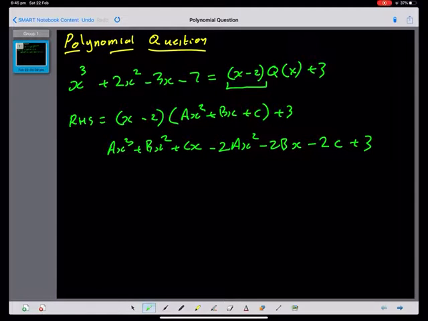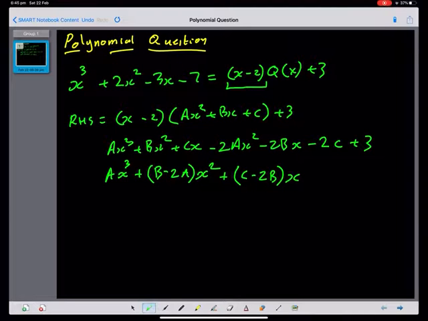Okay, so the ax cubed is on its own. The coefficient of x squared is b minus 2a. The coefficient of x is c minus 2b.